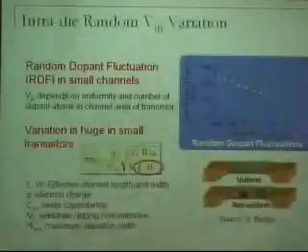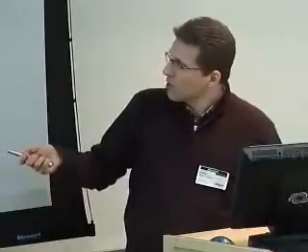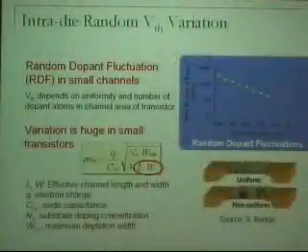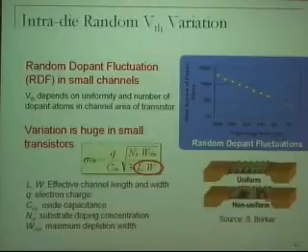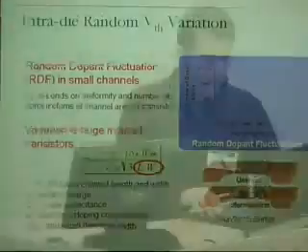These are dopant atoms that basically control the features of the transistor. But when you go to smaller sizes, you have just tens or hundreds of these atoms. So the statistical variation of these numbers, and whether they are uniform or non-uniform, completely defines the features of that transistor. That's why you see random variations.